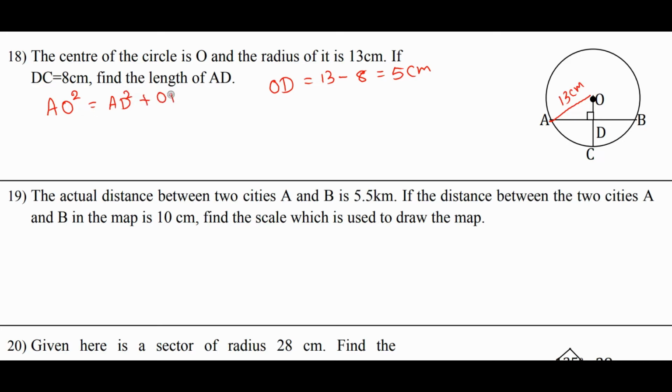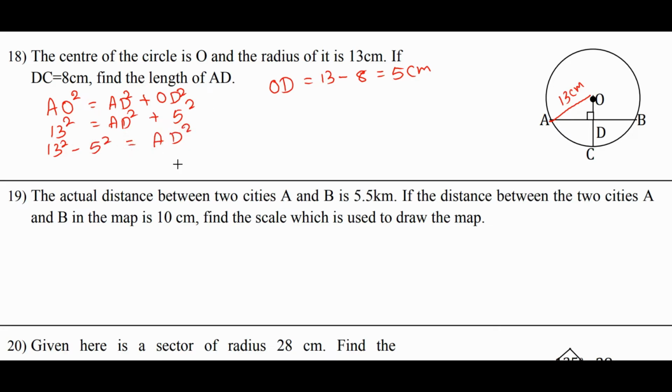We know the value of AO, it is 13. Then 13 squared should equal, we are asked to find the value of AD, AD squared plus, we know the value of OD, 5 squared. Then 13 squared minus 5 squared should equal AD squared.